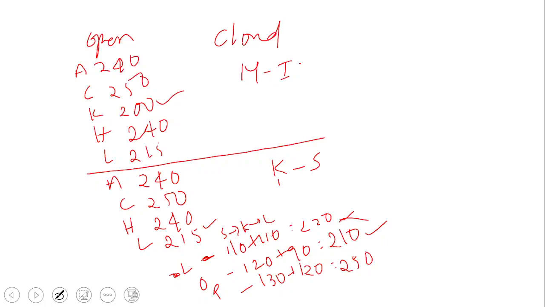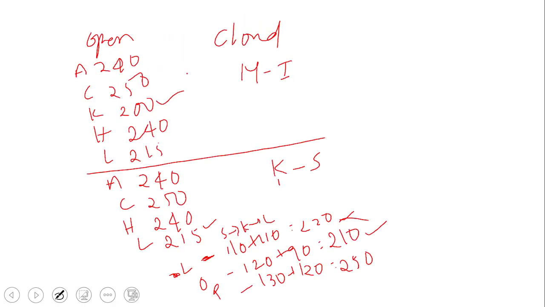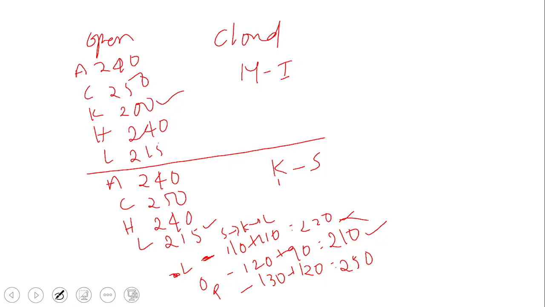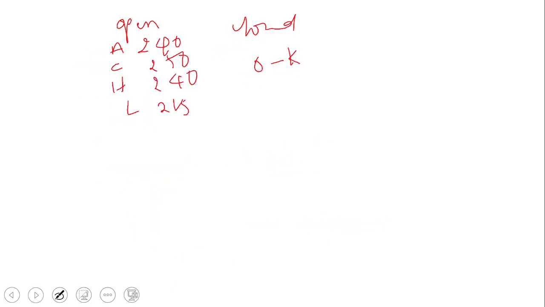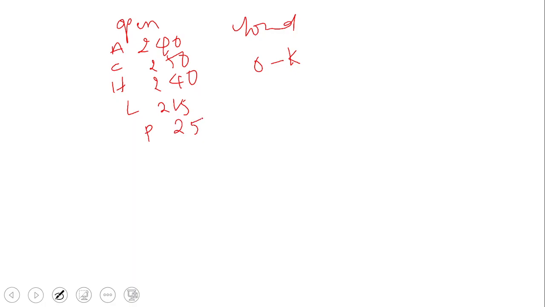Now what are the nodes already? We are having A, C, H: A with 240, C with 250, H with 240 and L with 215, and O we are moving, and P with 250.